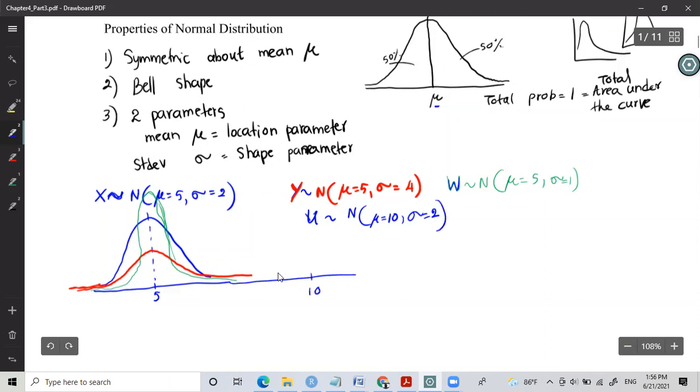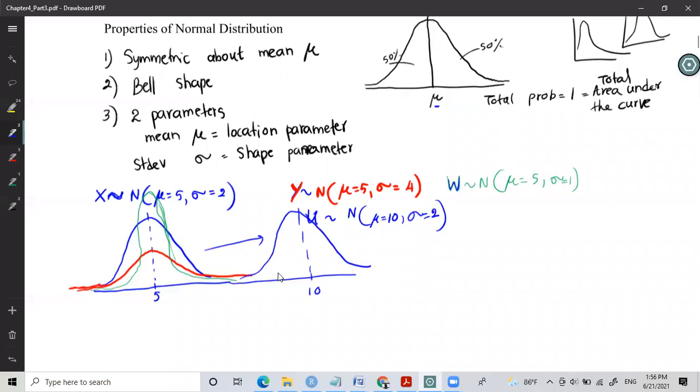Sigma is 2, it's the same, so it should be the same shape as the previous blue one, right? But it is now symmetric about 10. See, it shifted. So that's the location. When your mean is changing, the bell will shift to the left or to the right. So that is how the two parameters shape the normal distribution.